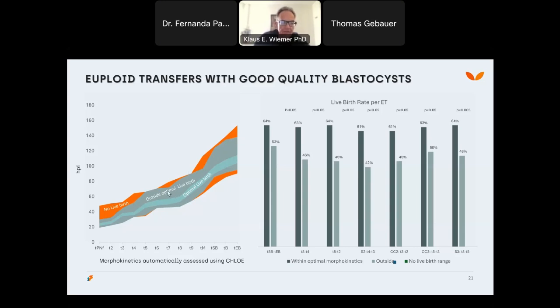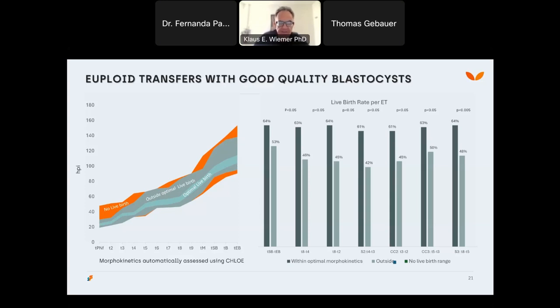Those embryos that existed within what we call outside live birth, we still got pregnancies, but we had higher miscarriage rates and we did not see the delivery rates that we wanted. The embryos that consistently resulted in really high ongoing pregnancy rates with lower miscarriage rates were those embryos that had a consistent optimal development during their entire pre-implantation development.